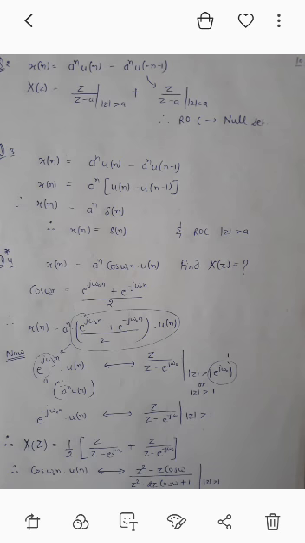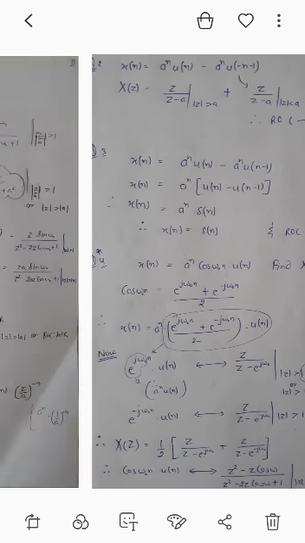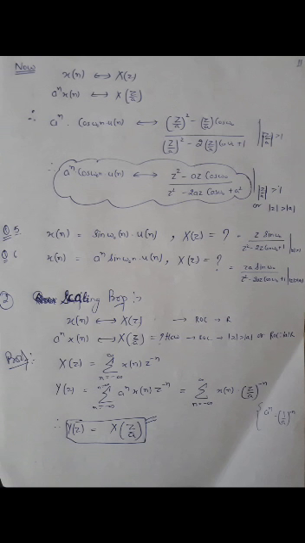Now, in continuation, the next part is a raised to power n into cos omega naught n into u[n]. We know that if x[n] has z transform X(z), then a raised to power n x[n] results in X of z by a. This is the scaling property in z transform. So in the complete answer, z will be replaced by z by a.